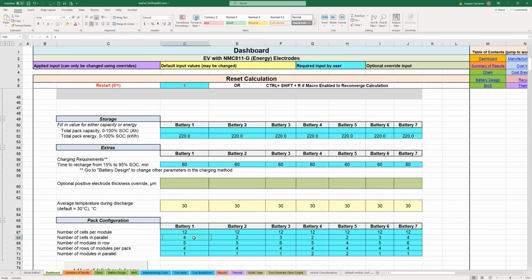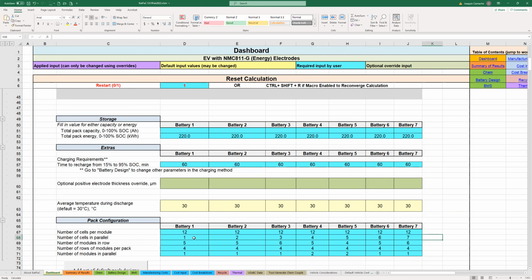Then let's say this one will be something crazy. 1 cell per parallel. 2, 3, 4, 5, 6. I don't know if this will work, but let's see if this is possible.